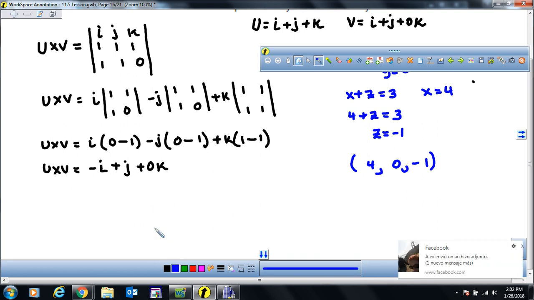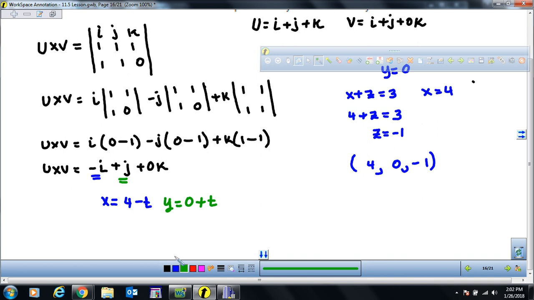So, for the x component, we're going to do x, which is 4, minus 1. This is a 1 right here, minus 1t or minus t. For the y component, it would be the y value, which is 0, plus the j component, which is plus 1t.